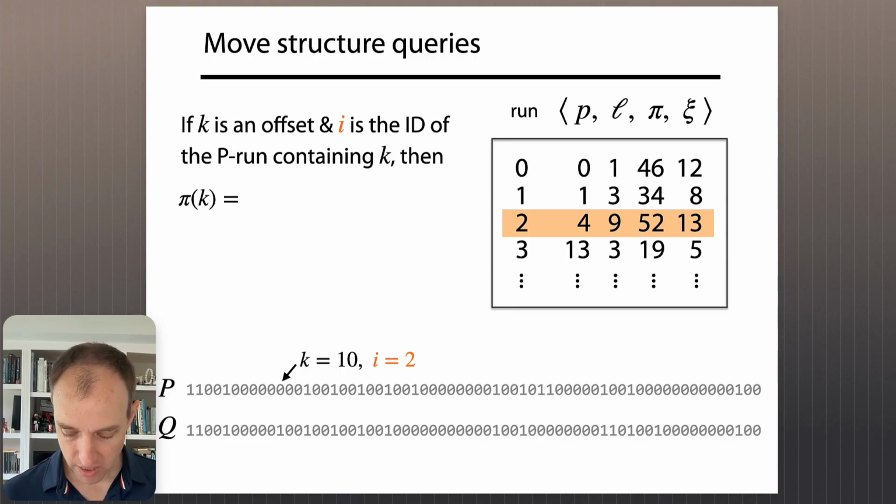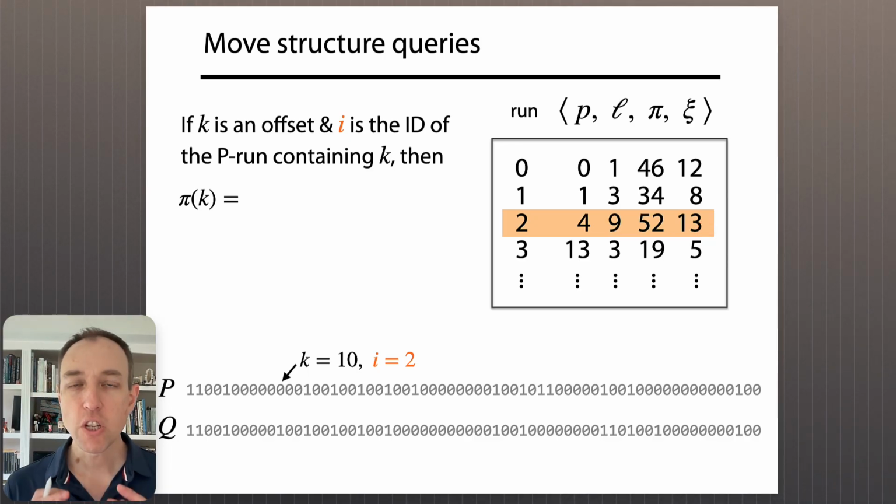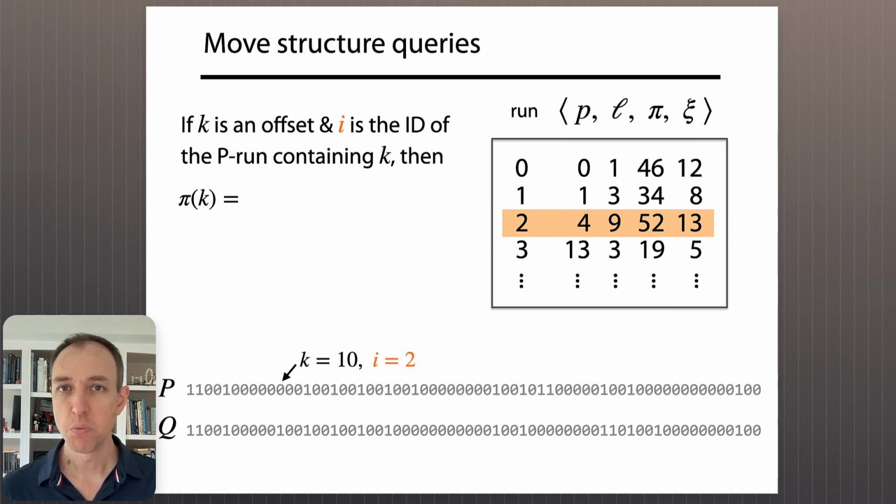This row is saying this run starts at offset 4. It has length 9. The run head maps through the permutation pi to offset 52. And if we were to go to offset 52, that would be in run ID 13. So just looking in the appropriate row of the move table immediately tells us how we should move through the permutation if we are the run head.